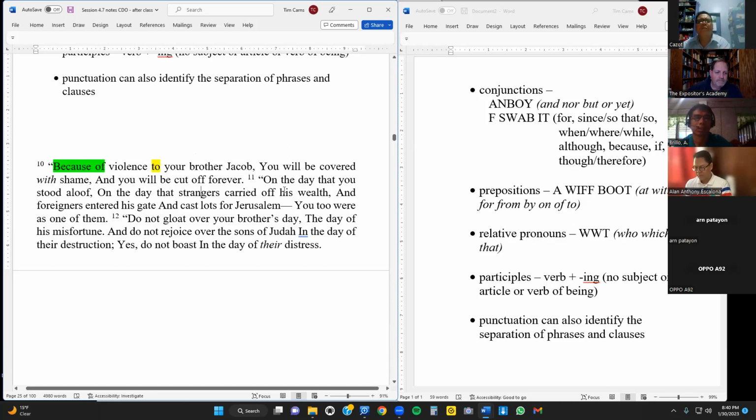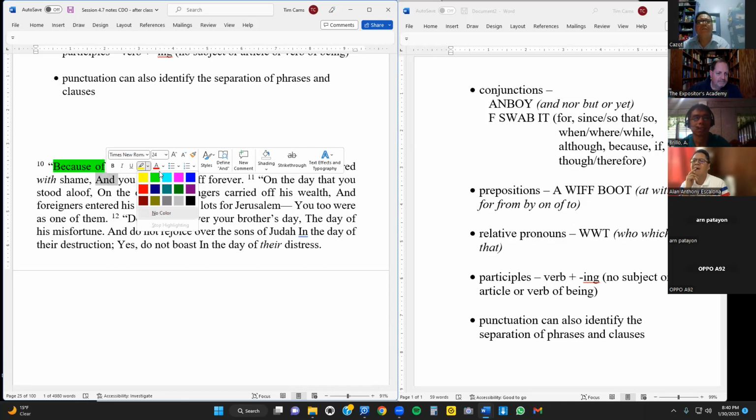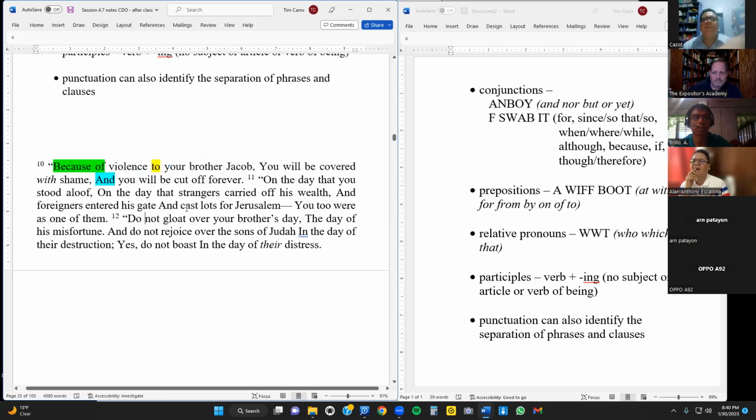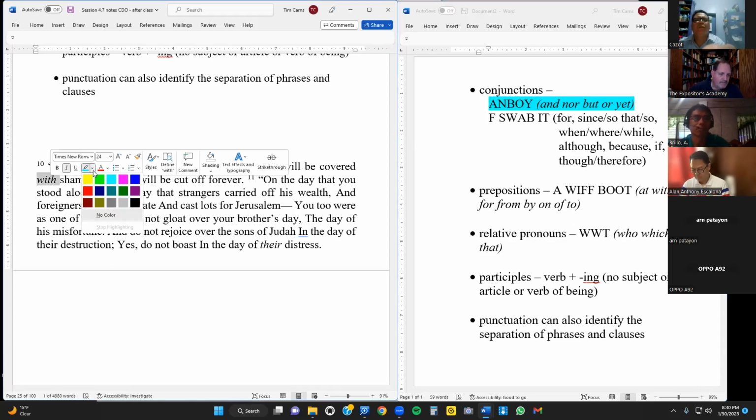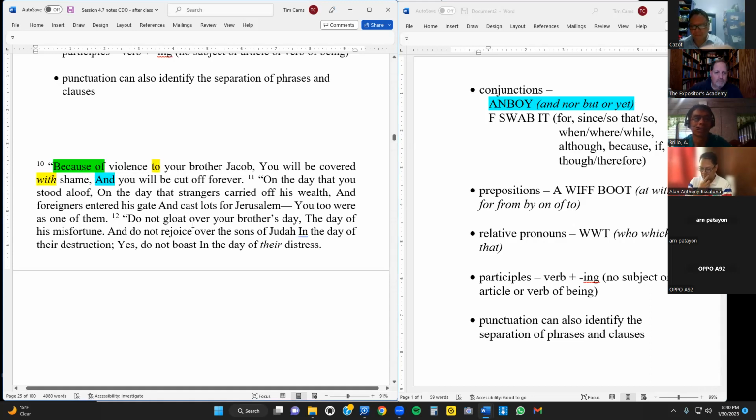Any others? In verse 10, "and," sir. Yes. What is that? Conjunction. Yeah. Coordinating. I think, sir, included with him, preposition, "with." Good. You see any others in verse 10? I think all of them.